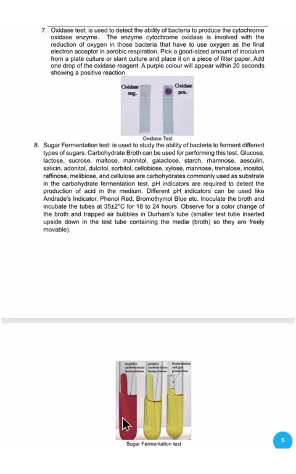So for reading the result, if the medium color changes into yellow without production of gas, we also call it positive fermentation of carbohydrates. And if it changes into yellow, and there are gas bubbles within the Durham's tube, the small test tube inside the medium, then this is positive fermentation again with the production of gas.